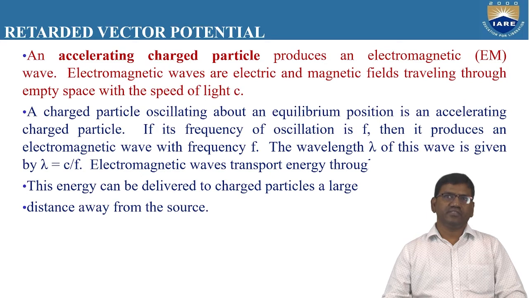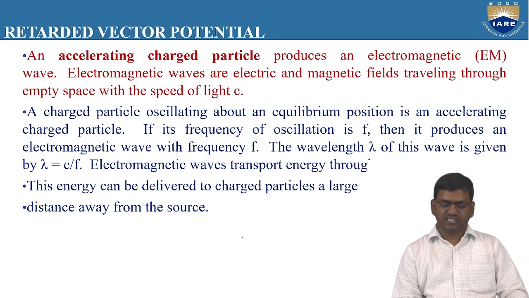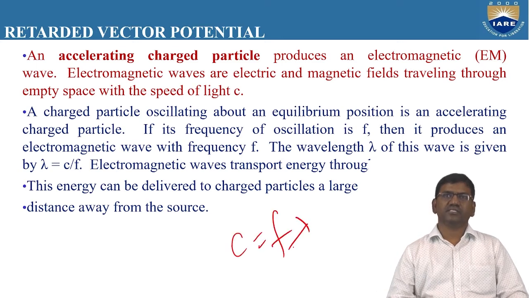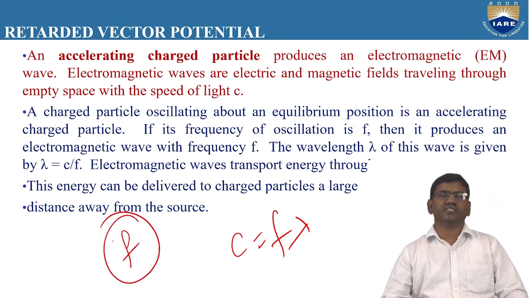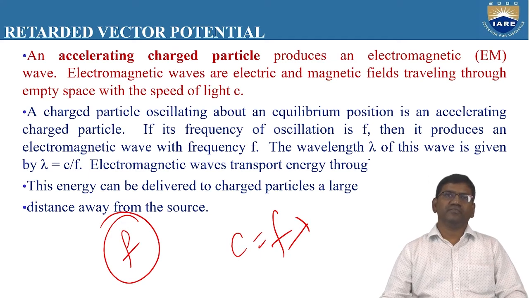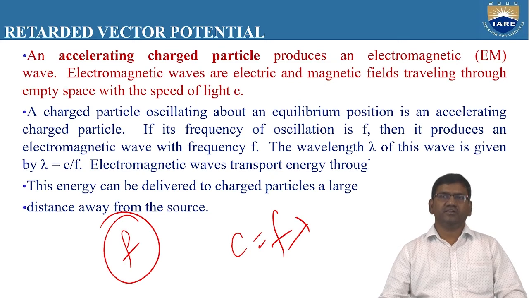If we know the frequency f, we can easily calculate the wavelength lambda by the equation c = f lambda. So we need to initially know the operating frequency given to the antenna.